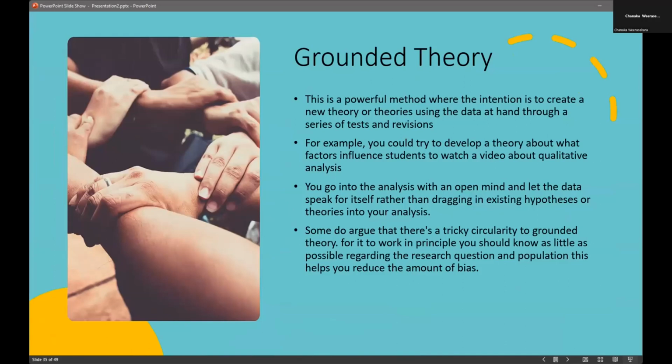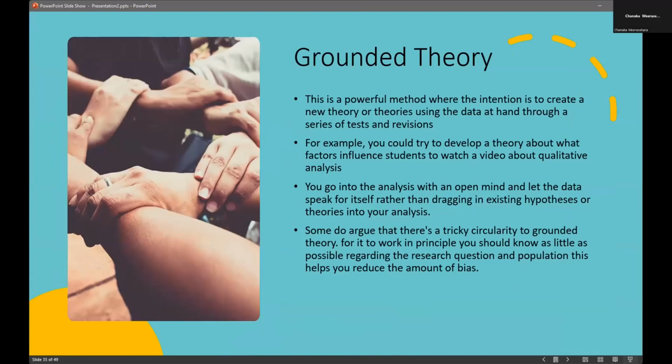There's another one that we can use, that is grounded theory. Grounded theory is a completely different approach towards qualitative data, because what we are looking at here is theory building.